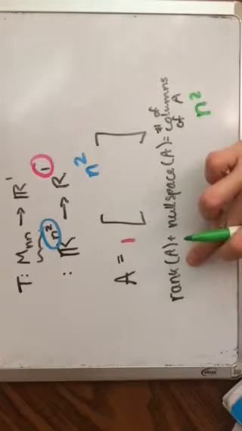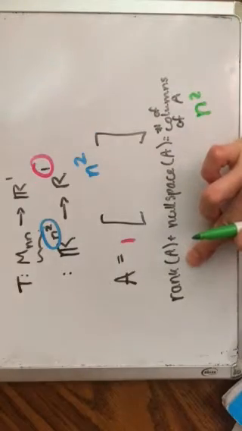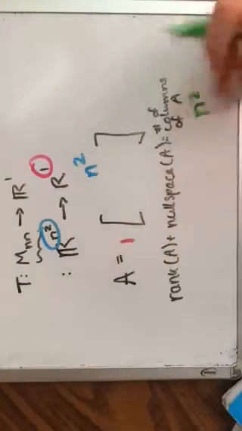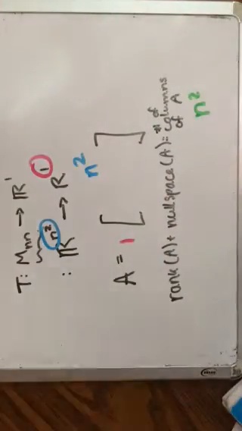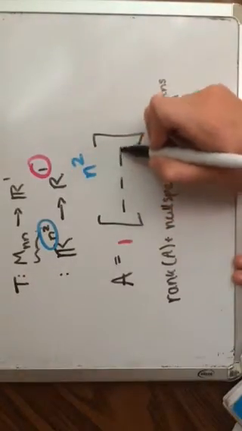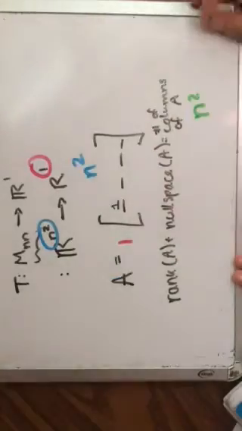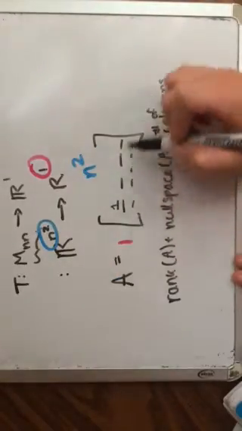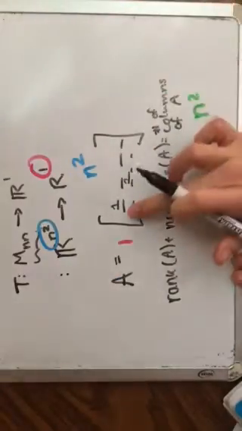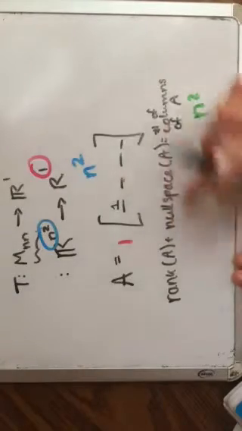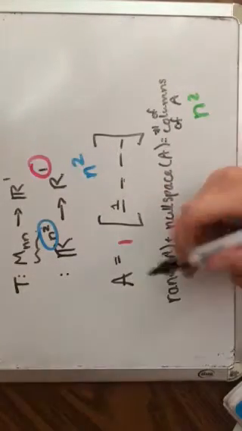For the rank of A, we need to see how many linearly independent columns there are. Since there is only one row, if you imagine that there are certain numbers in this matrix, we can only have one linearly independent column because we don't have any rows underneath to put more linearly independent columns in. So the rank of A is 1.